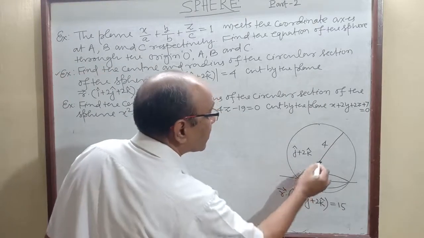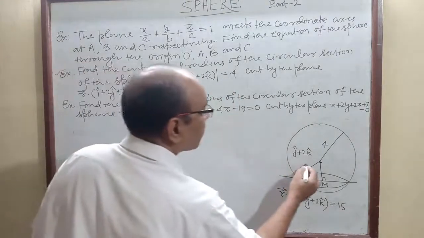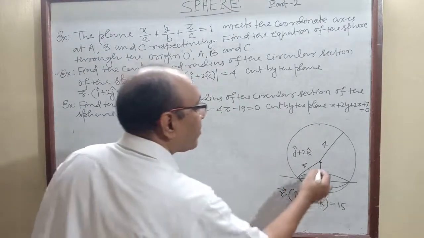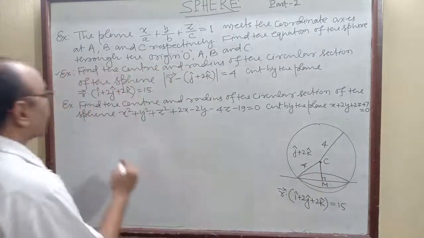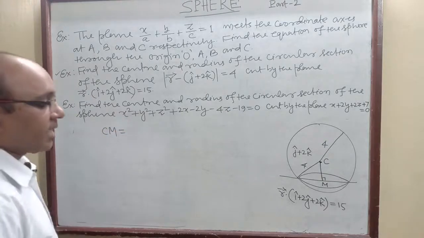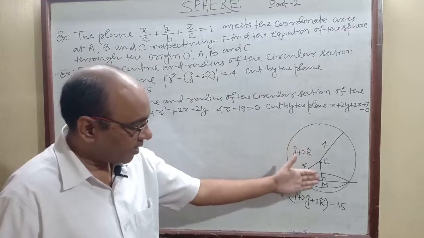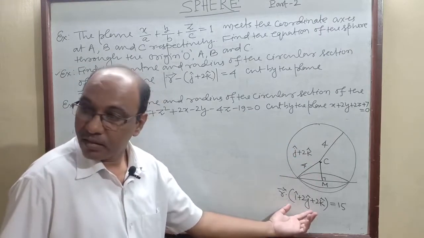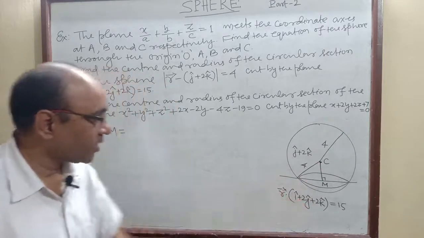This is the radius of the sphere. Radius of the sphere is 4. Can you find this? The center is, suppose, C. Can you find CM? CM is the length of the perpendicular drawn from the center of the sphere to the plane. Write the length of the perpendicular drawn from the center to this plane.